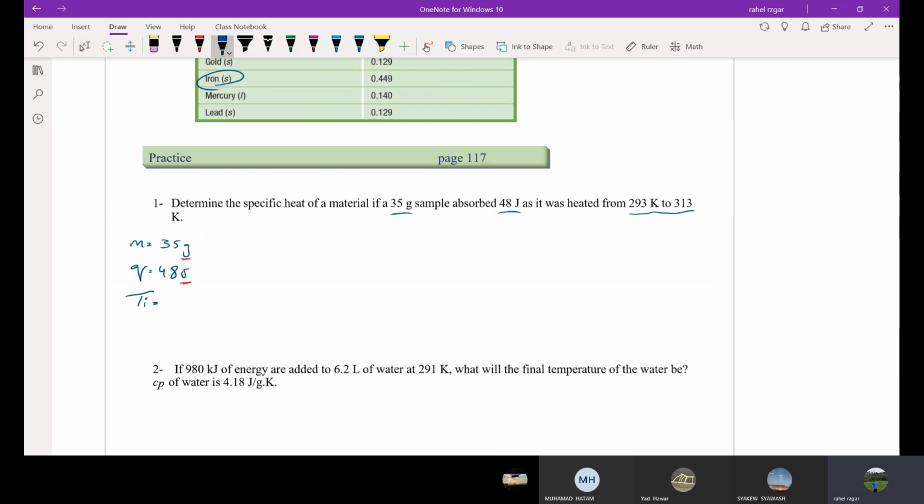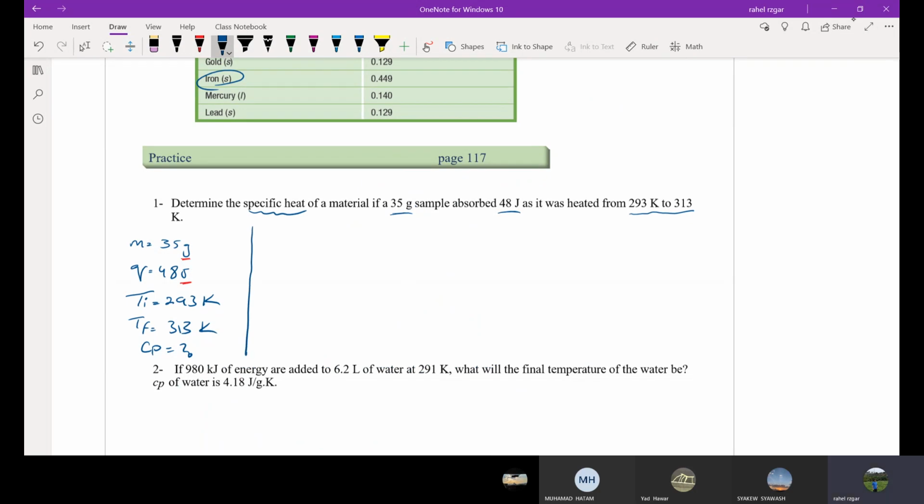What else do we have? Initial temperature is 293 Kelvin, and final temperature is 313 Kelvin. What's required? Determine specific heat. So find CP, specific heat. Okay. Now let's start solving.